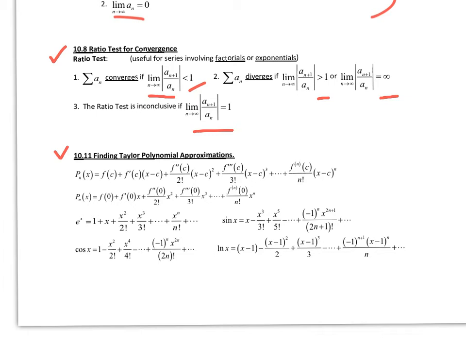Then finding Taylor polynomial approximations, you have to memorize these formulas. And so we have two of them here. The first one is the general Taylor series formula, and really we're doing approximations. So we'll just find the number of terms, or they'll give it to us and we'll have to manipulate it.